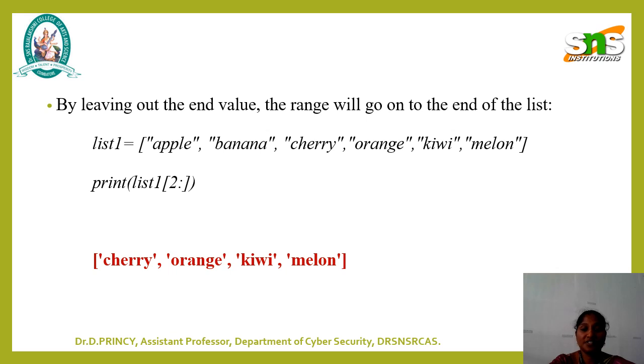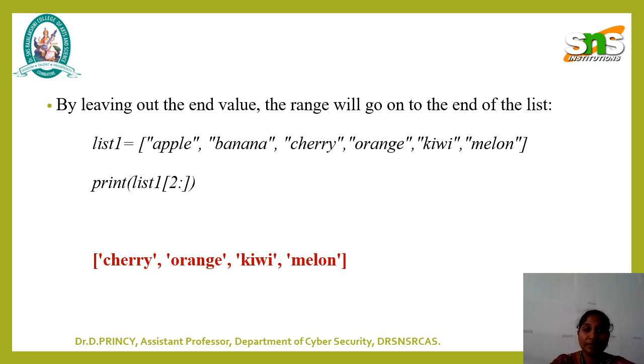Suppose in some situation we want to retrieve a list of items from a position in between till the end of the list. At that time we can omit the end index value. By leaving out the end value, the range will go to the end of the list by default. For example, list1 has the same 6 items: apple, banana, cherry, orange, kiwi, and melon.